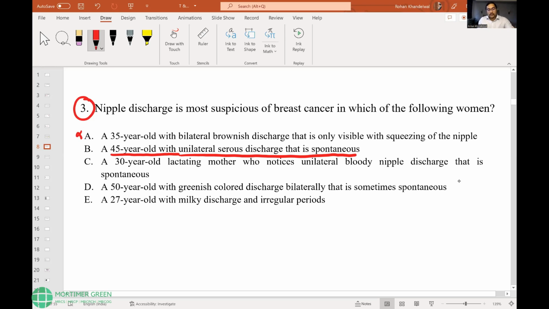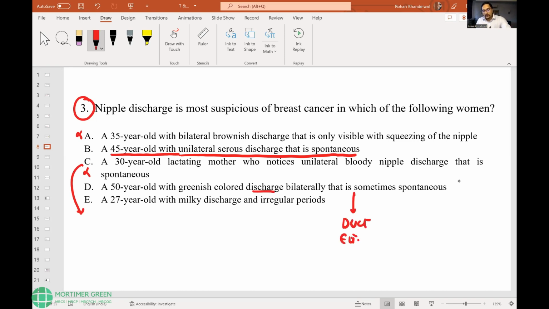A 30-year-old lactating mother who notices unilateral bloody nipple discharge that is spontaneous. Now, some people can get confused with this option, but in a lactating mother, to have bloody discharge for a few weeks after lactation or when lactation starts is normal. And we usually observe these patients, and only if it persists for a longer duration are we concerned about it. So greenish nipple discharge bilaterally, this is a classical sign of duct ectasia.